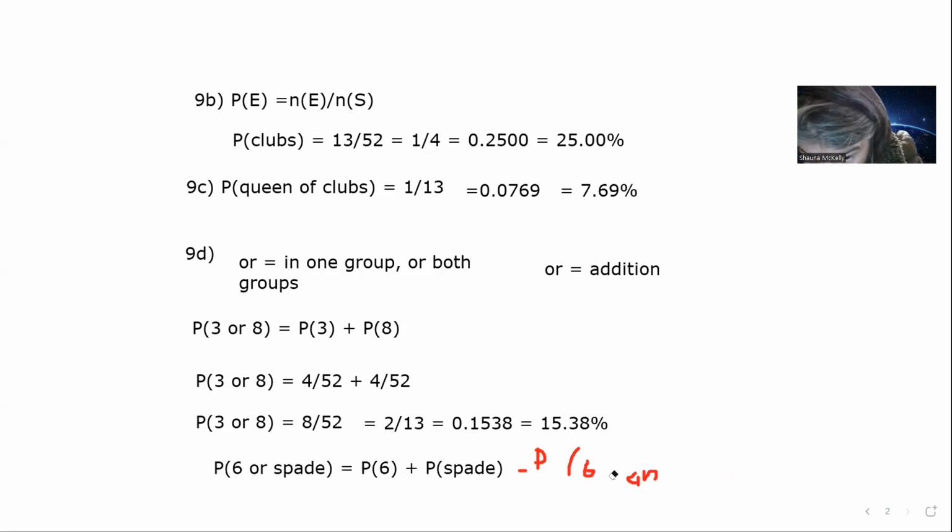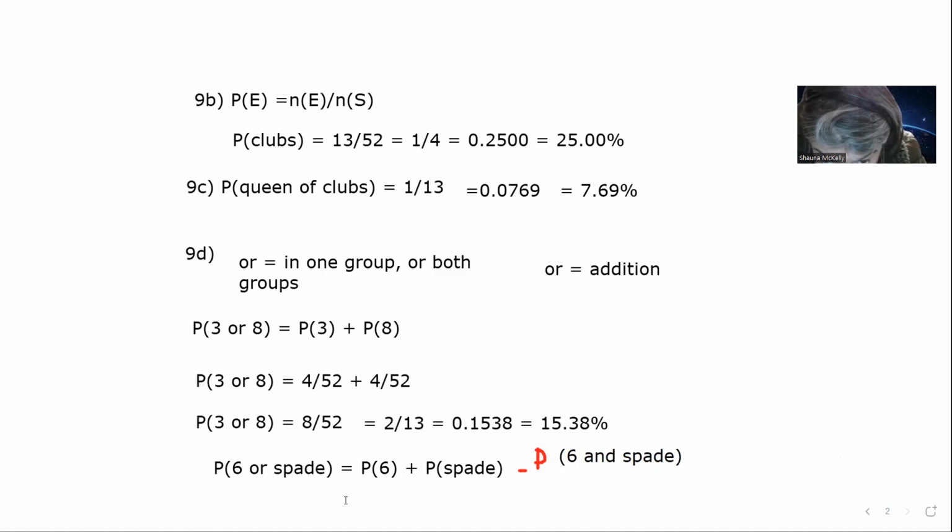This is going to be the probability of 6 and spades, or the 6 of spades.